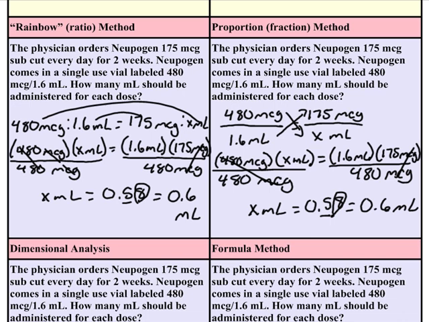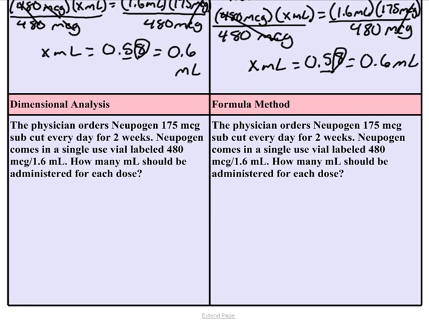Third way to perform this calculation is by using dimensional analysis. In this case, we'll start with the doctor's order, 175 micrograms. We're going to put micrograms at the bottom and milliliters at the top. That way micrograms will cancel and we'll be left with the milliliters we needed to deliver. We know from the problem that in every 1.6 milliliters, there's 480 micrograms.